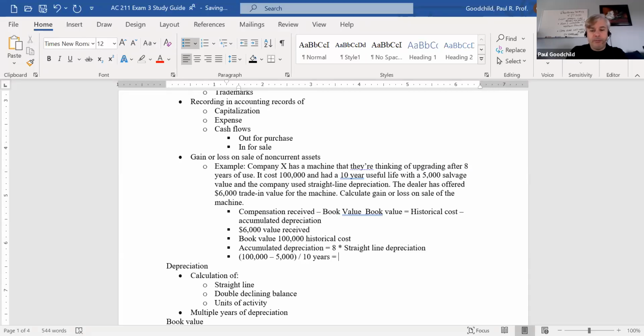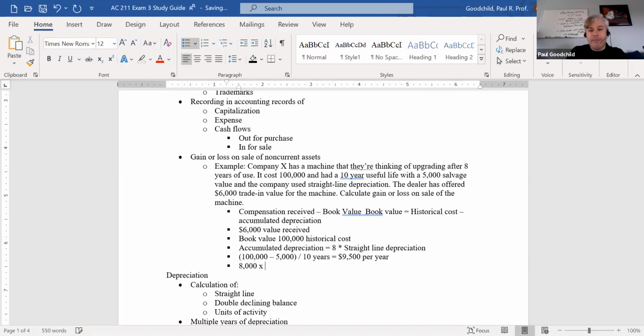And so 9,500 per year. So you multiply the 8 times the 9,500. Sorry, 8. Just getting carried away with zeros. And that's 76,000.